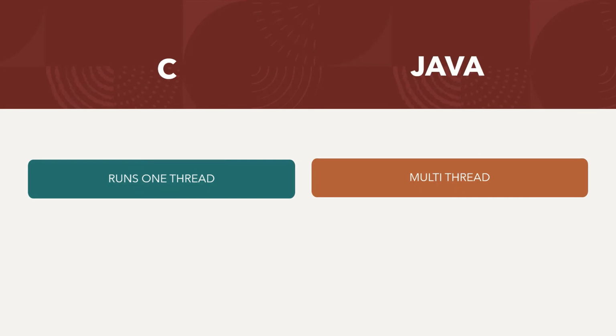Now coming to the real-time advantages of the Java programming language, we are using it in many computer games. Java is the most preferable language to develop any kind of games because games consist of similar objects.